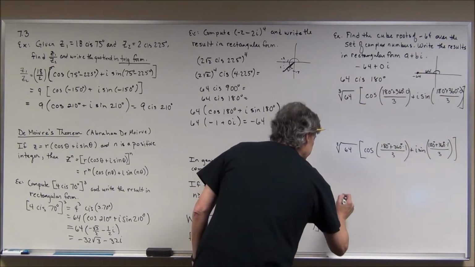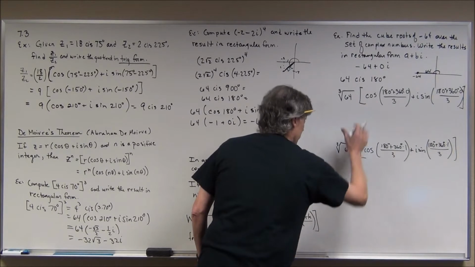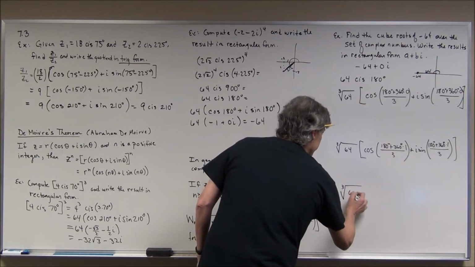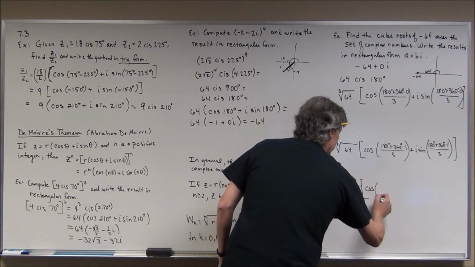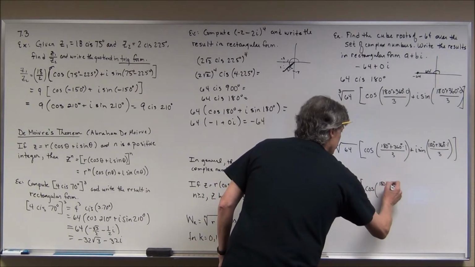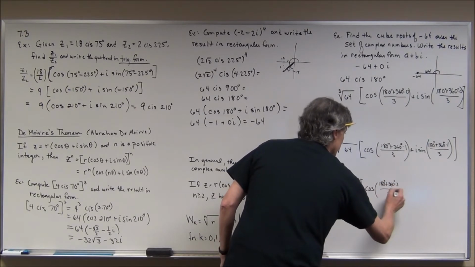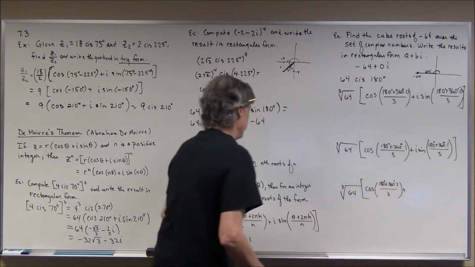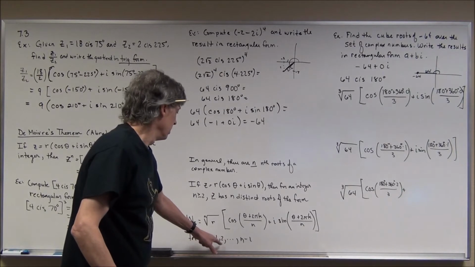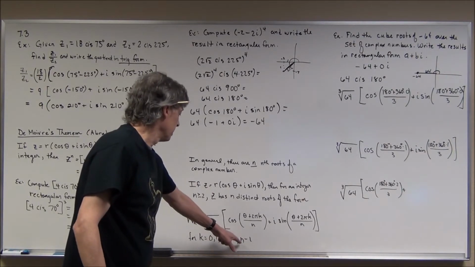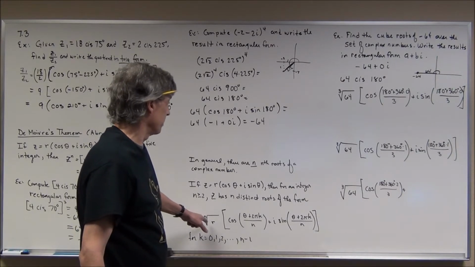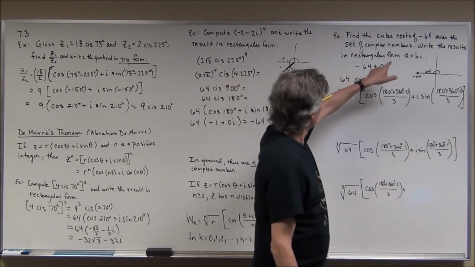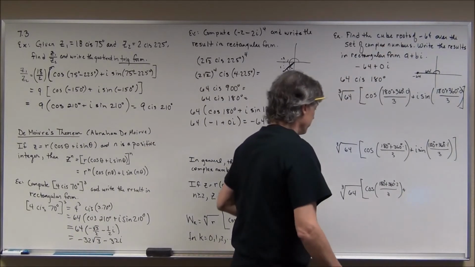And one more. You can see why I left so much space here. Cosine of 180 plus 360 degrees times 2. And this is our last one, because 2 would be the whole number smaller than n by 1, so n is 3 there.